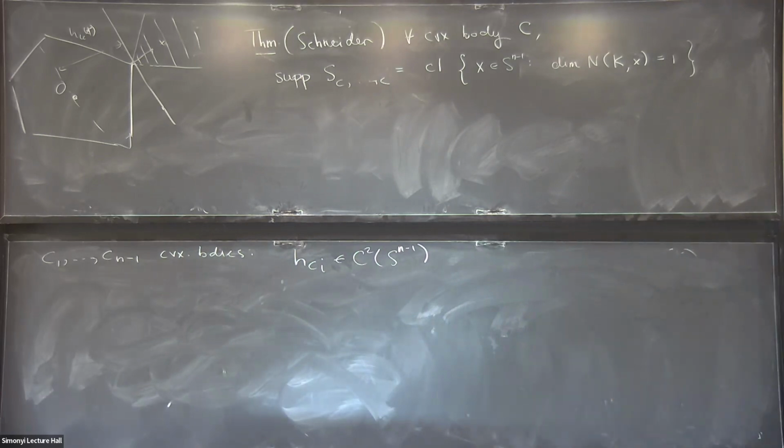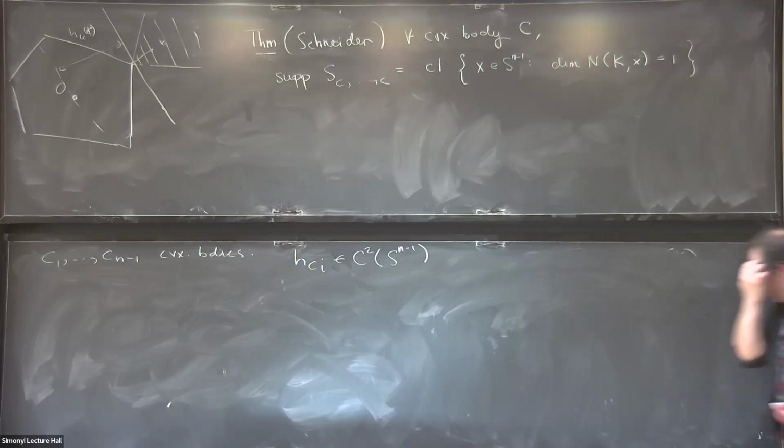Then we can get from this formula immediately a formula for the mixed area measure. Just by polarization, the fact that the volume is a polynomial means that these measures are also polynomials. So I can just replace this C by a linear combination of C1 to Cn-1, and then expand this as a polynomial. So let's see what happens.